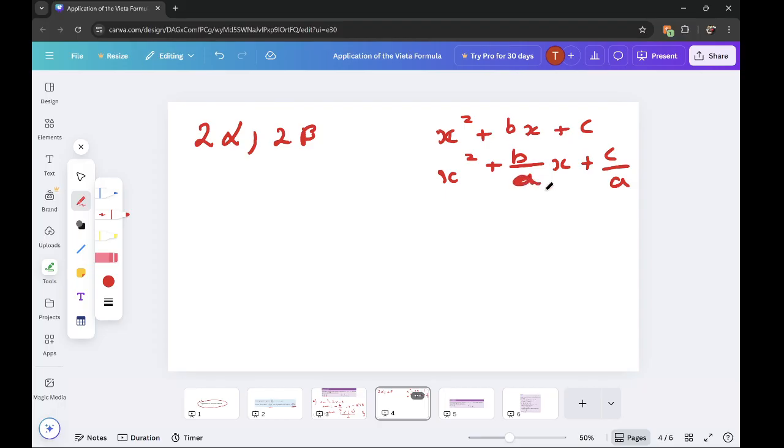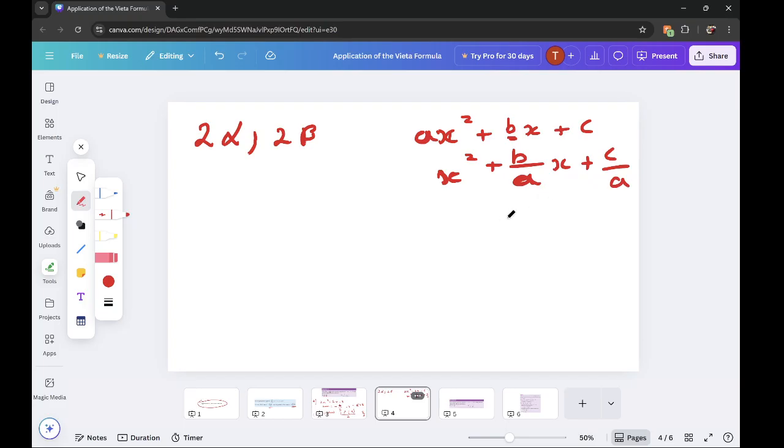Because this is the Vieta formula we used in the first one. This is b, this is a, yes? So we can write our equation like this. And then in this form, we can try to find our sum and product.